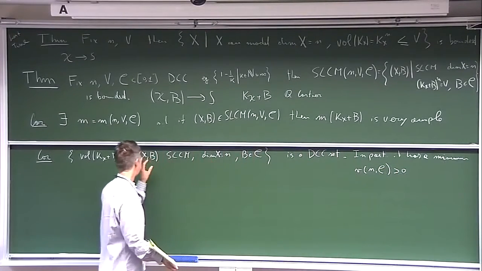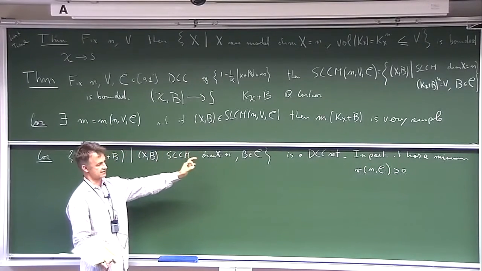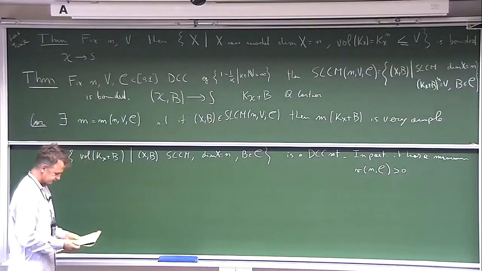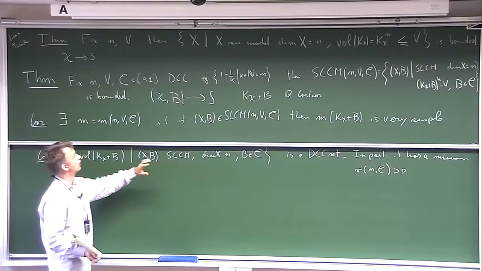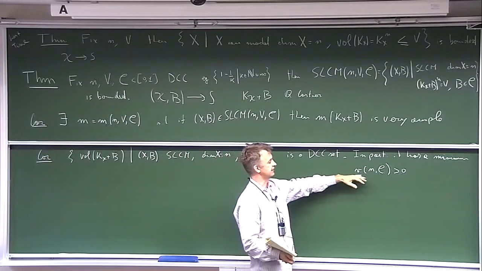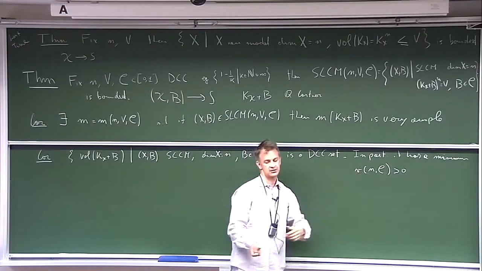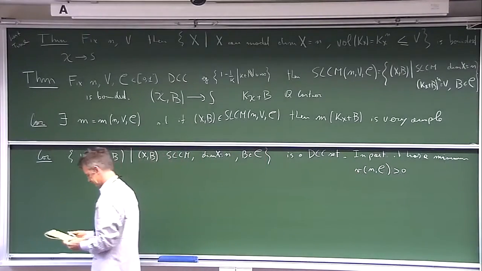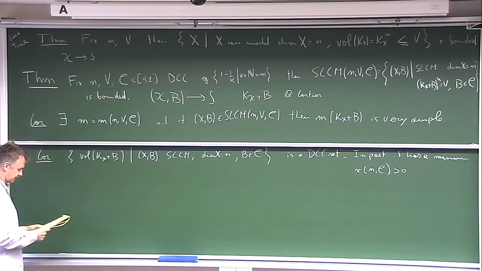So every one of these semi-log canonical models in particular has volume greater than some positive constant. And certainly, at the very minimum, we know from the proof that we saw last time that we definitely need something like this in order to apply induction on the dimension. And I'll show you in a minute exactly where we use it.